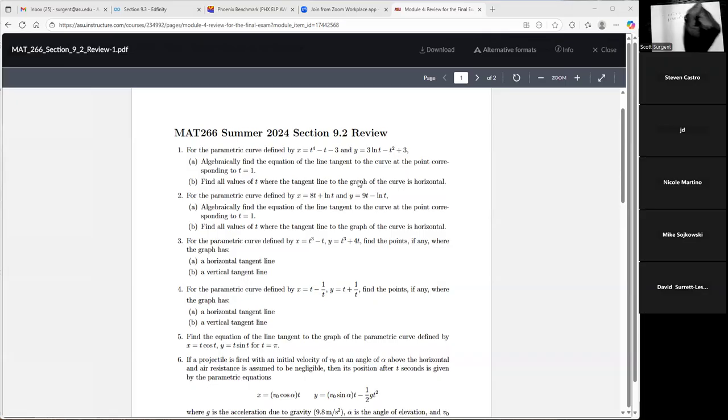So in other words, I'm assuming that the t here, right after the natural log, is the only thing inside the natural log. So I'm going to go with that. So I want the equation of the line tangent to the curve at t equals 1. And then I want where the tangents are horizontal.